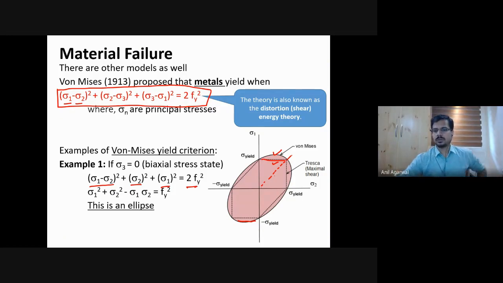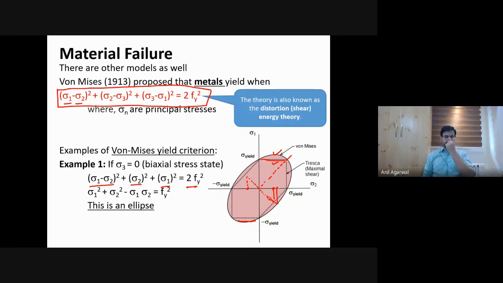Right? However, when sigma 1 is equal to minus sigma 2, then we were moving in this plane. So Tresca was saying that sigma 1 or sigma 2 should be equal to half of Fy. Right? This value was half of Fy. But von Mises says that it can be slightly larger.